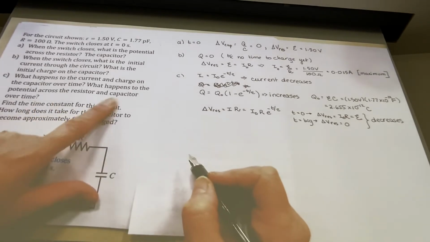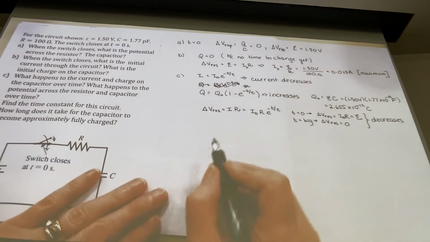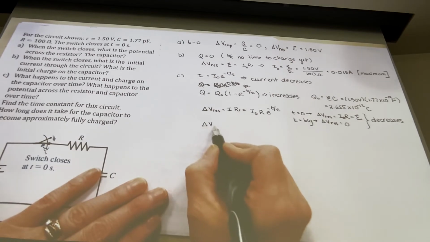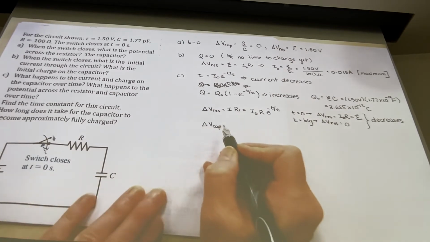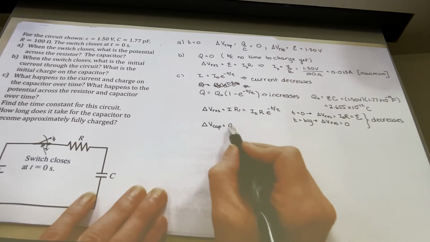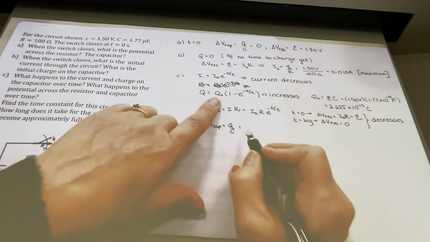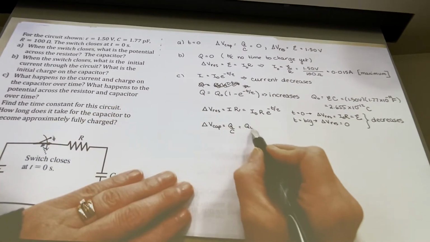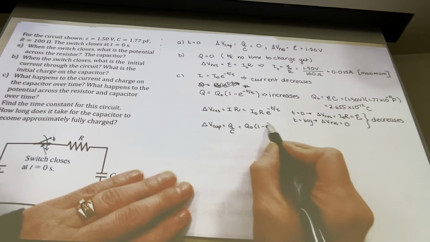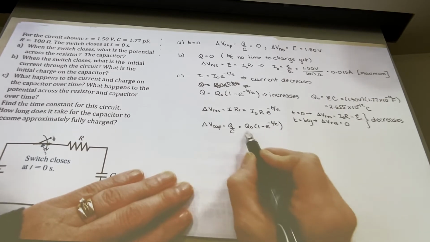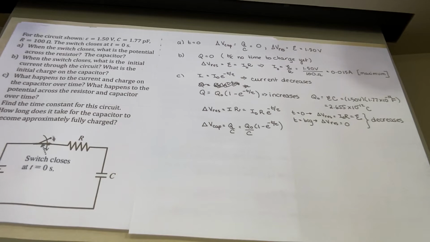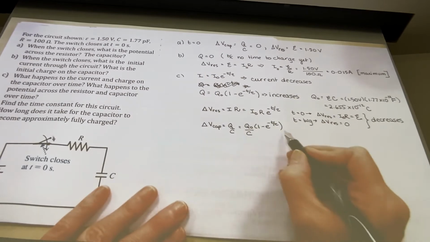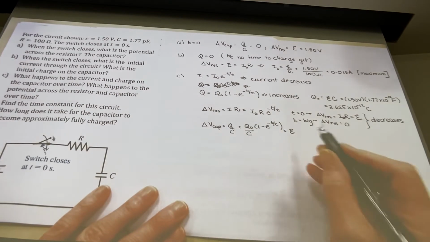What happens to the potential over the capacitor as a function of time? Delta V for the capacitor is the charge divided by the capacitance. My equation for my charge is Q0, 1 minus e to the minus t over tau. Divide that by C. So there's an expression for the potential across the plates of the capacitor. You might recognize Q0 over C as our EMF.